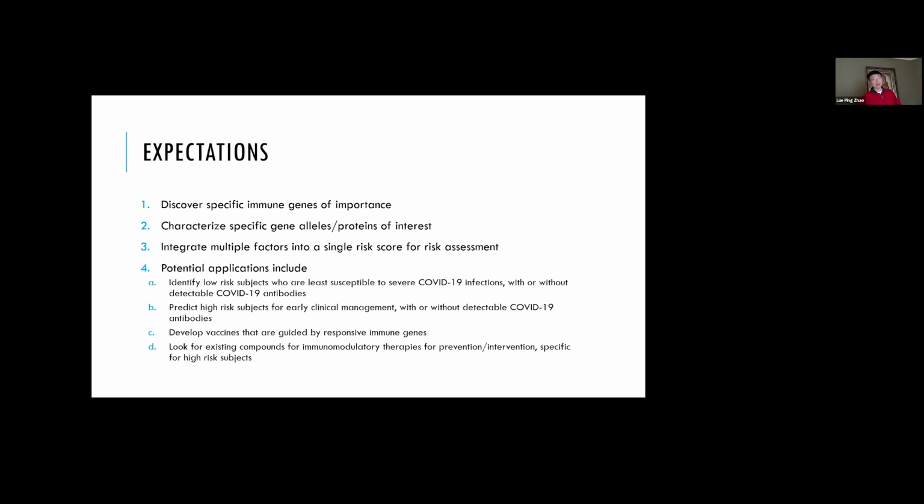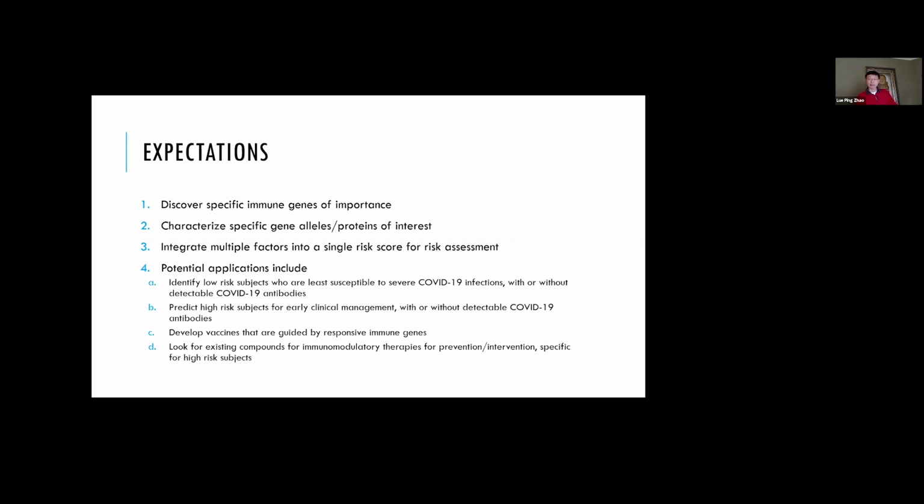So we see several different potential applications if we could have this kind of response. One is to really be able to identify some of the low-risk individuals, at least those not susceptible to severe COVID-19 infections. Right now we're talking about a fast test to detect people who have antibody.